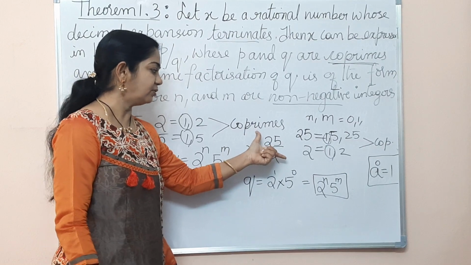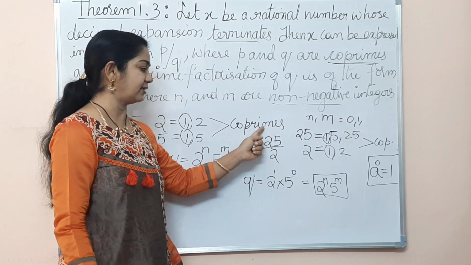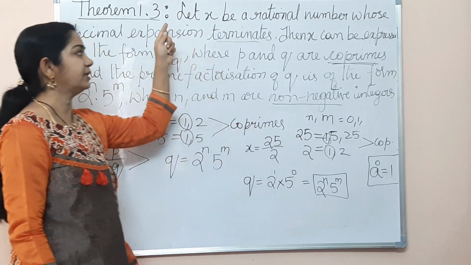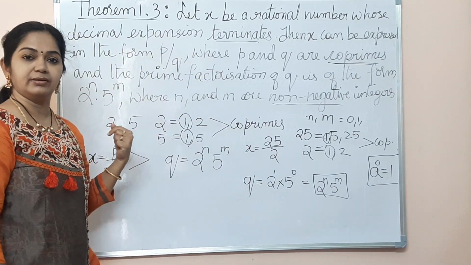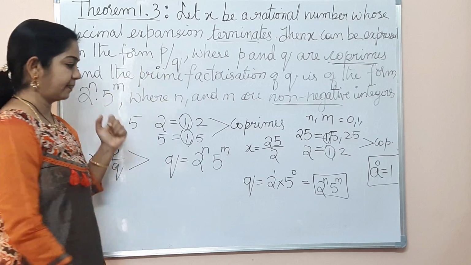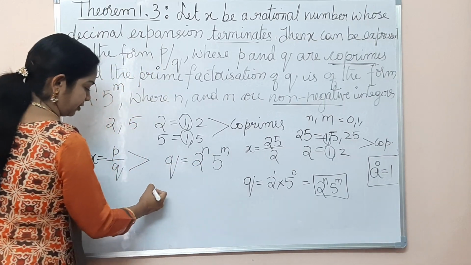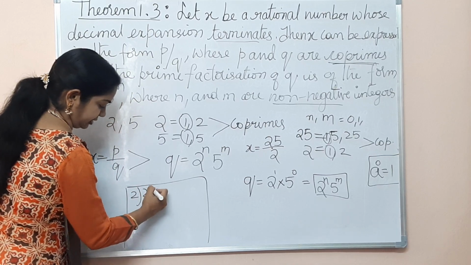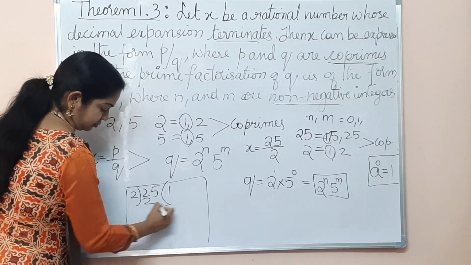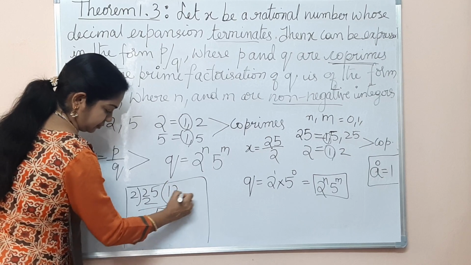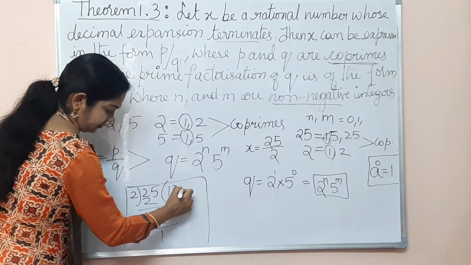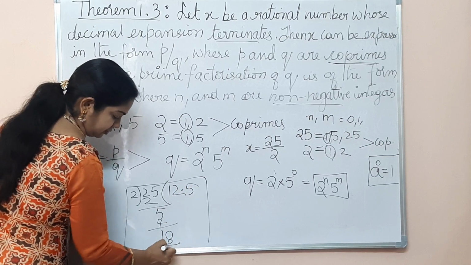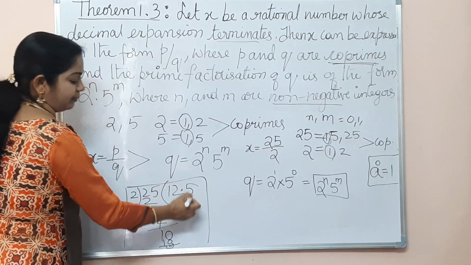Then without the actual division, I can say that this rational number's decimal expansion will terminate according to the theorem. Let us check whether it will terminate or not. I'll do the actual division here. 2 into 25... 12.5.